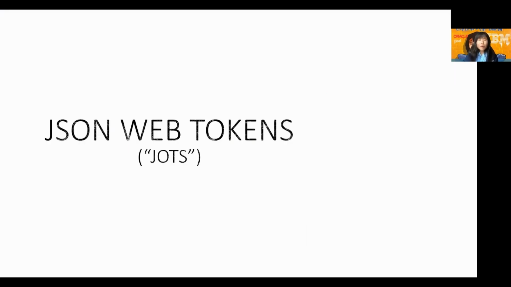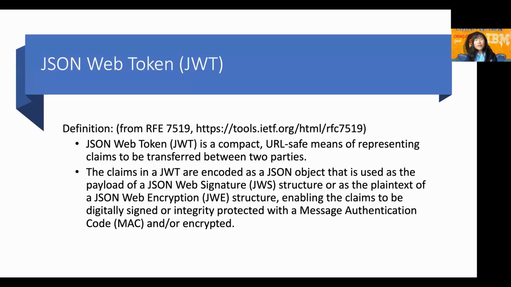So what is JWT? A lot of people pronounce JWT as "jot". JWT is a URL-safe way of representing claims, and they can be transferred between two parties, and it contains all the information to guarantee whether the payload has been tampered with or not.